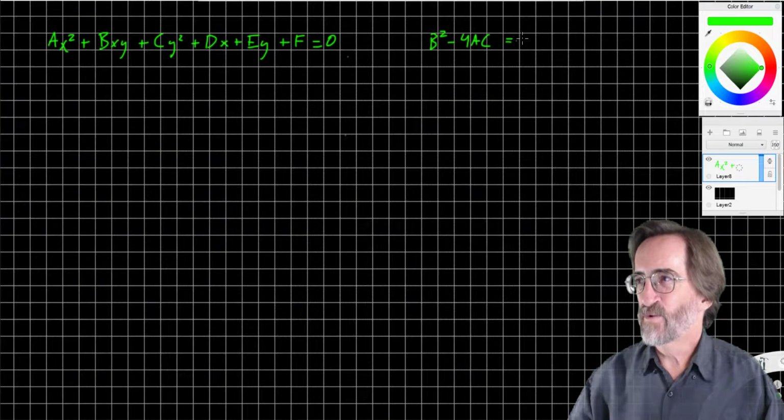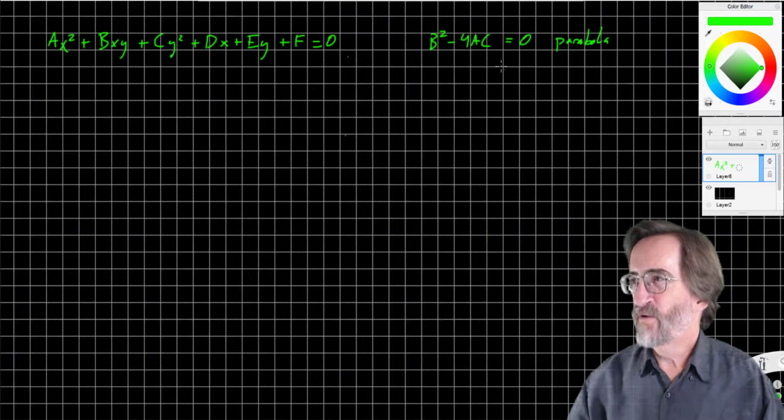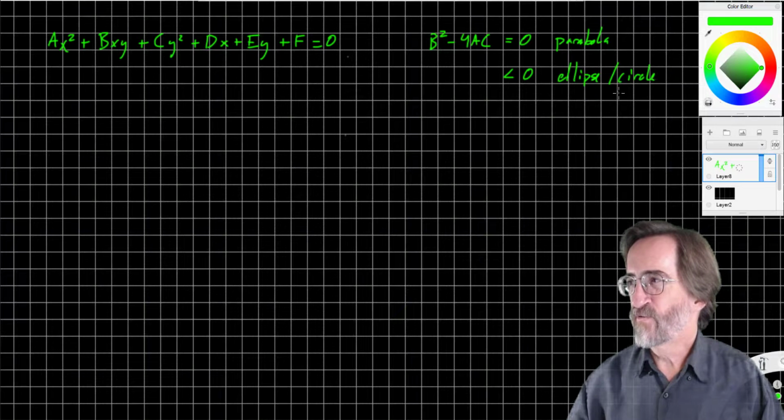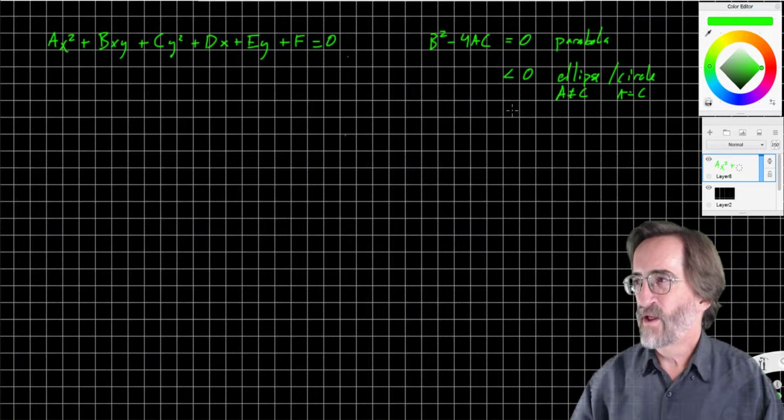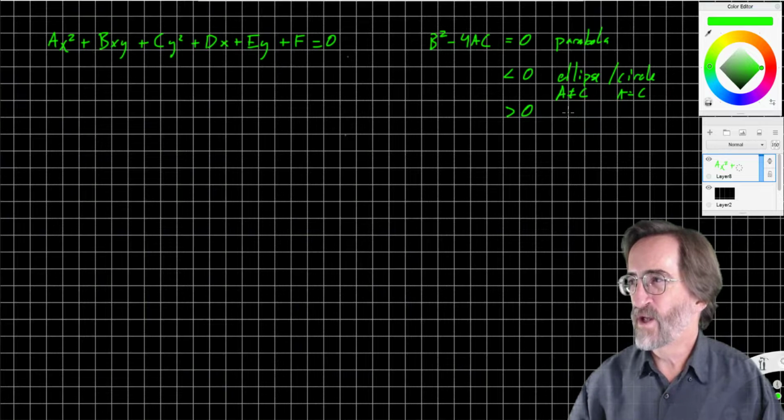If it is equal to 0, we have a parabola. If it is less than 0, that is, negative, we have an ellipse or a circle: circle if A equals C, ellipse if A does not equal C. And if it's greater than 0, we have a hyperbola.